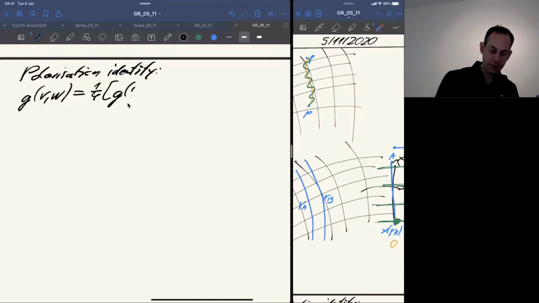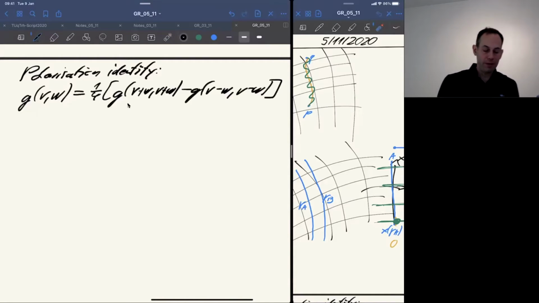And the formula, let me write it down, was something like this, that if we want to know the value of the metric for vectors v and w, it's sufficient to evaluate the metric for the case where both arguments are v plus w, and for the case where both arguments are v minus w.